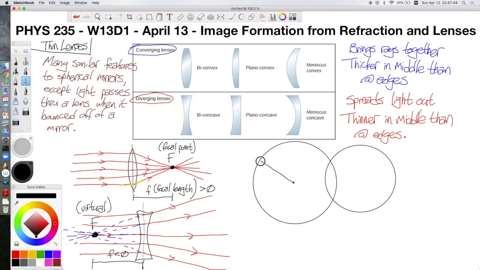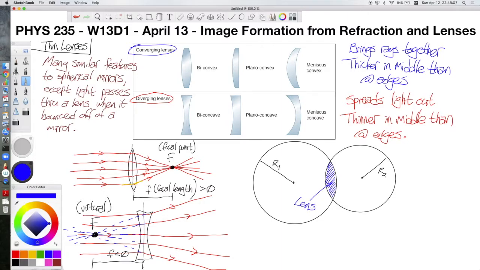And the first one has a radius that we're going to call R1, and the second one has a radius that we are going to call R2. And the actual lens here is in the intersection of these two, as though it's at the center of the Venn diagram. So it's this area here that I'm shading in blue is the actual lens.